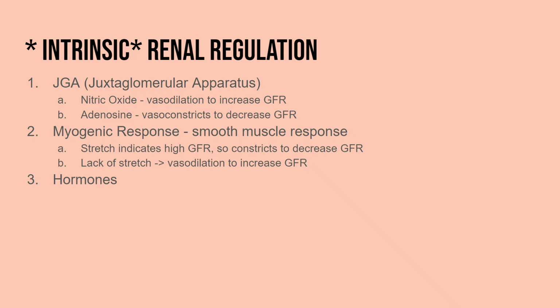And then there's one more hormone that helps increase blood pressure, or it's multiple hormones. It's the renin angiotensin aldosterone system, or RAS. So first, renin is released when there's low sodium.